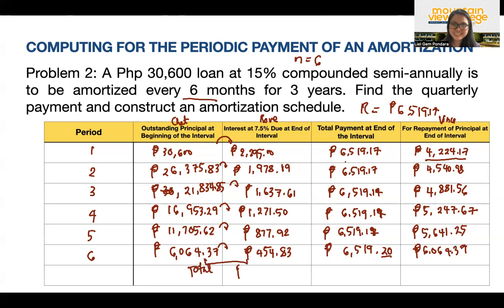Okay, Rovi, how much is the total interest paid? Let me add. Okay, Vince, how much is the total payment? 8,515.05.